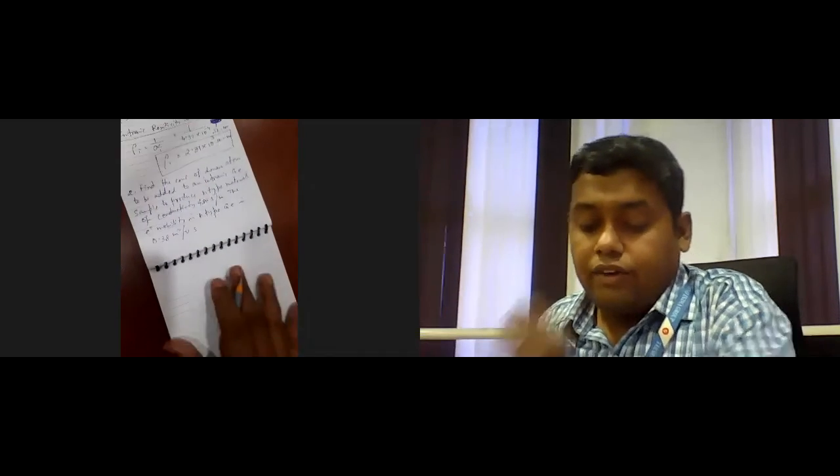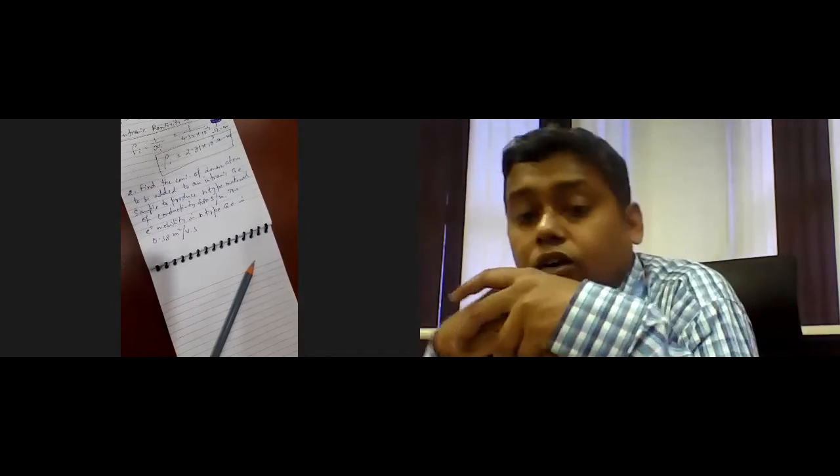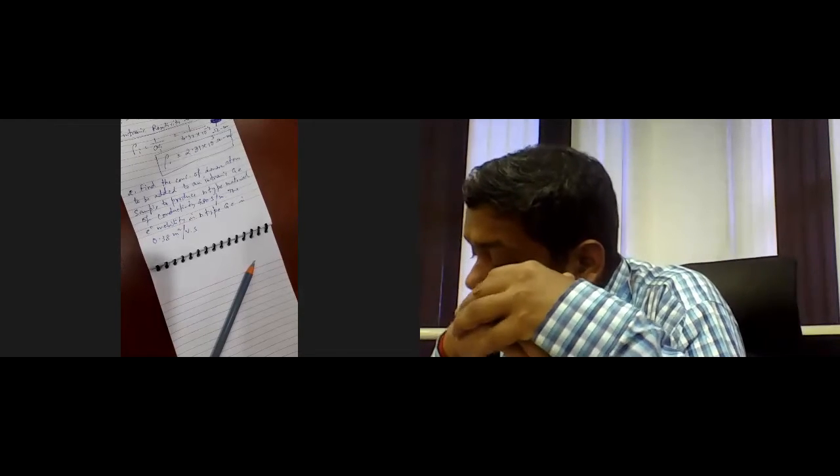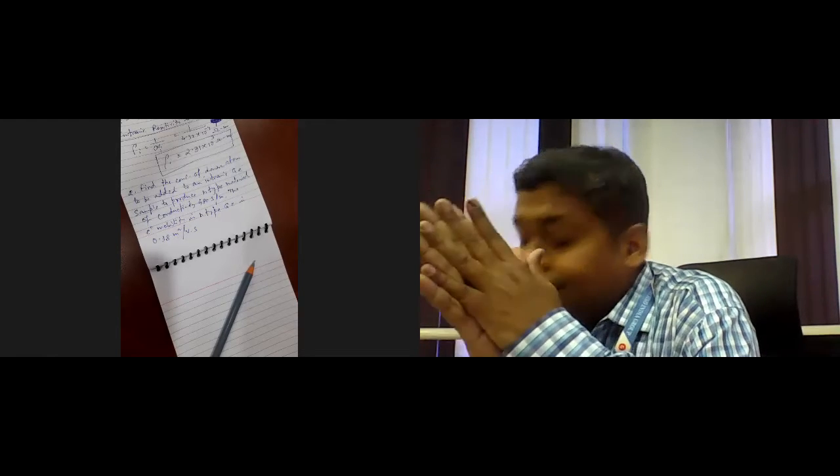So how can we find the result? I repeat again: find the concentration of the donor atoms to be added to an intrinsic germanium sample to produce N-type material of conductivity 480 Siemens per meter, or mho per meter.